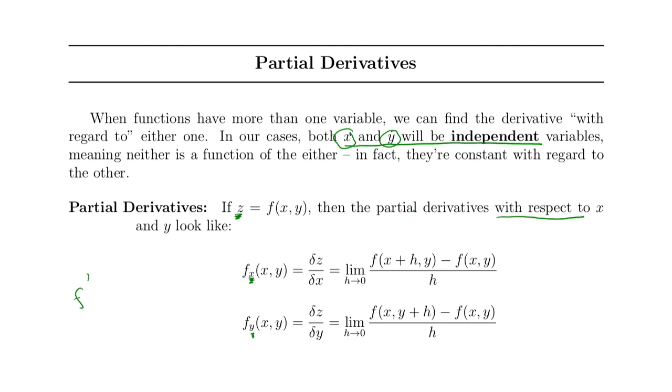So when we talk about a partial derivative with respect to X, we use F with a little X. Sometimes I'll just leave it like this and I won't even write the little function variable notation. We'll just write F subscript X.